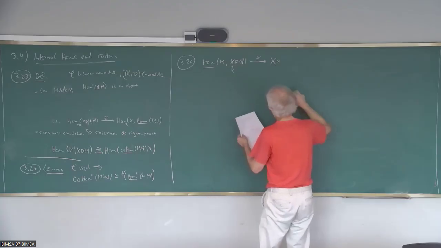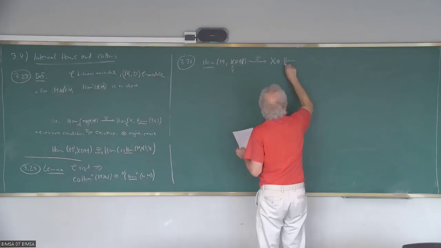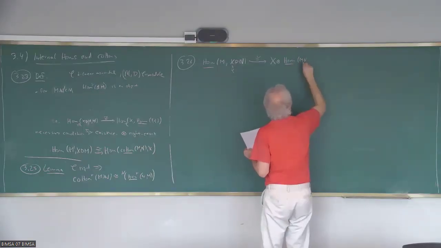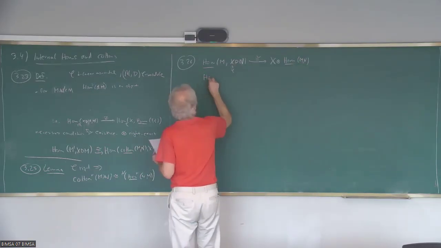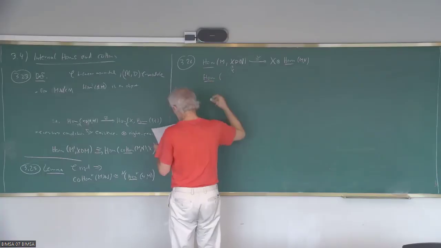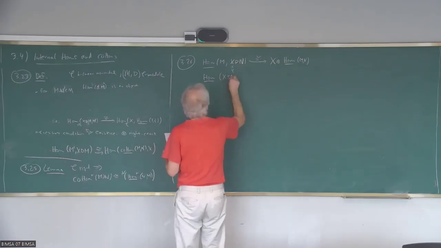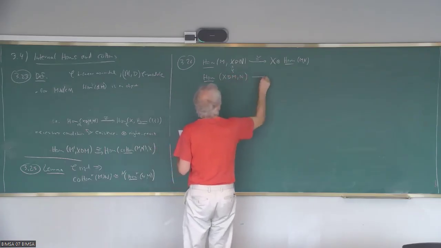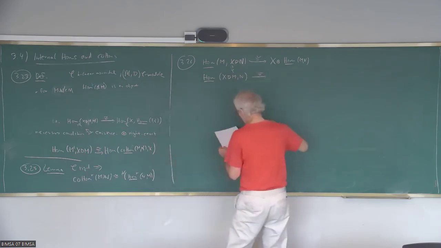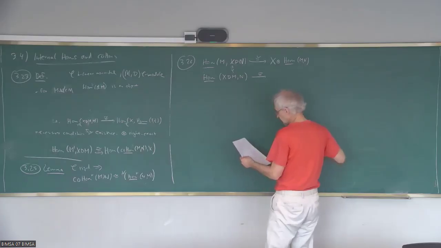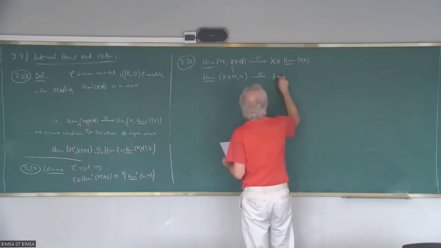And analogously, if you have it on the other, contravariant argument, then you can take it out to the right side, but it becomes a dual.